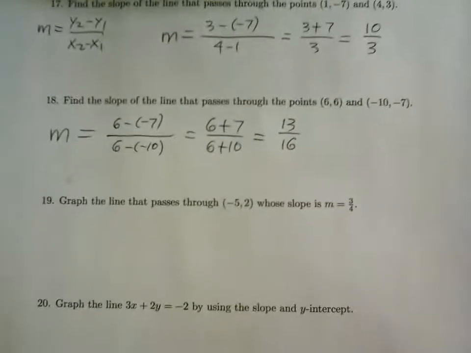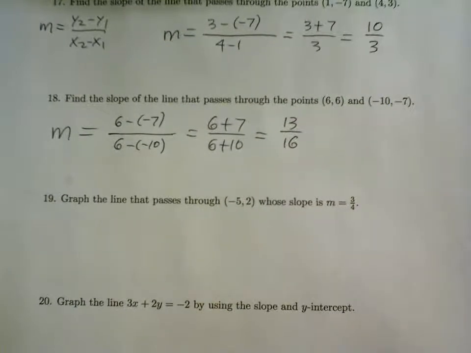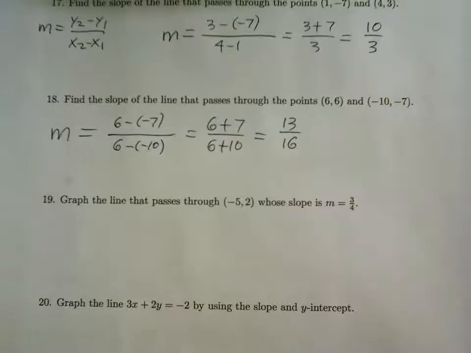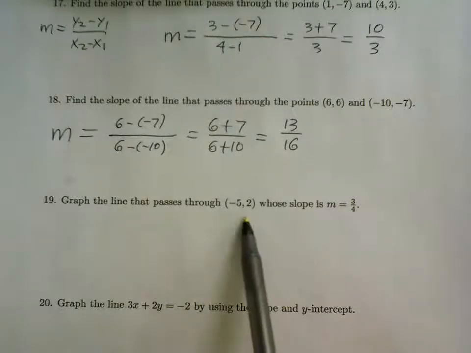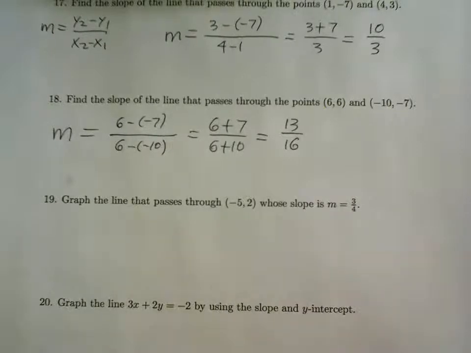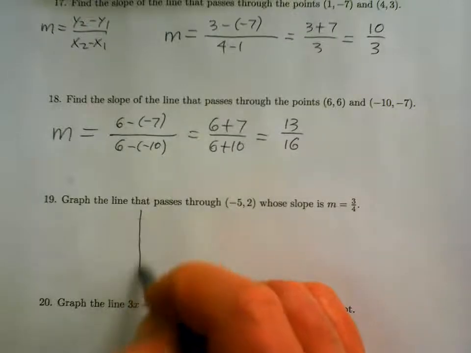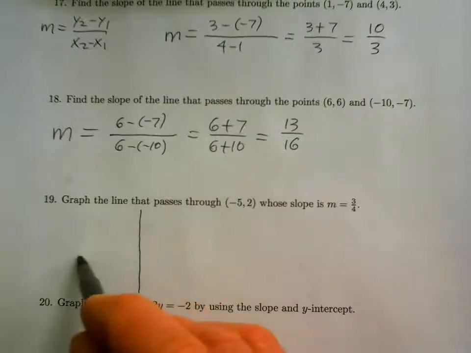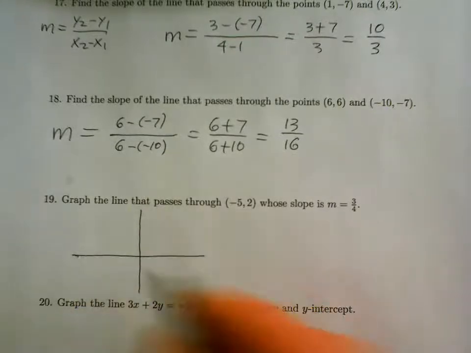Okay, number 19, graph the line that passes through the point whose ordered pair is negative 5, 2, and whose slope is m equals 3/4. Okay, first, we will plot the point negative 5, 2.